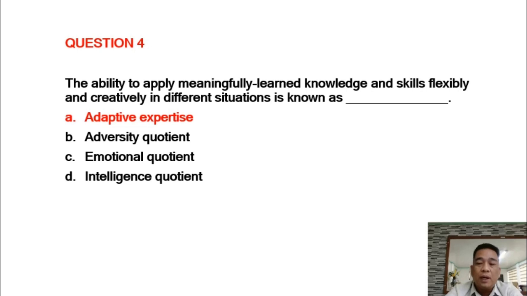Itong mga konsepto na 'to ay related pa rin dun sa pinag-uusapan natin na socio-constructivist, 'no? The learner will be able to apply meaningfully learned knowledge and skills flexibly and creatively. This is the kind of expertise that you would like your learners to develop, no? Hindi po ito adversity quotient, hindi po ito about emotional intelligence. But it's the ability of the learner to adapt to the kind of environment where he is embedded.